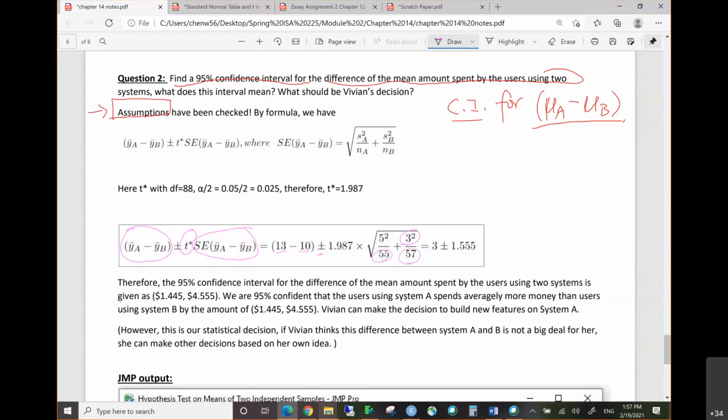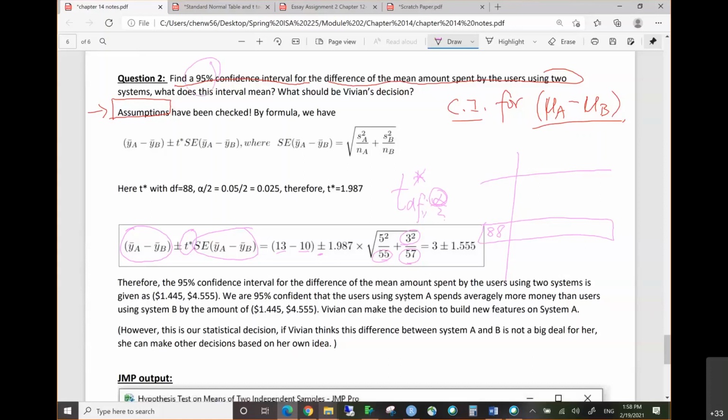The only thing left would be our t star, right? So how to know this t star? We find from the t table. Right? And then to find this t star, we need two pieces of information, the degree of freedom and alpha over 2. Right? So we know the degree of freedom is calculated as 88. And then alpha over 2, this alpha is 1 minus the confidence level. Right? So we want a 95% confidence interval.